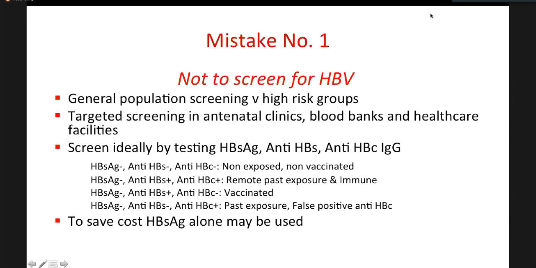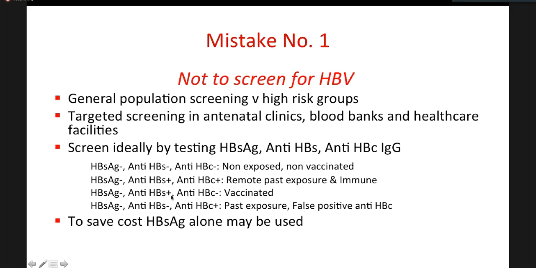HBsAg, anti-HBs, and anti-HBc to differentiate between non-exposed, non-vaccinated, and if HBs and anti-HBc is positive, then remote past exposure and the patient is immune from natural exposure. If only anti-HBs is positive, the guy has been vaccinated in the past. If only anti-HBc is positive, then it's either past exposure or maybe a false positive anti-HBc.